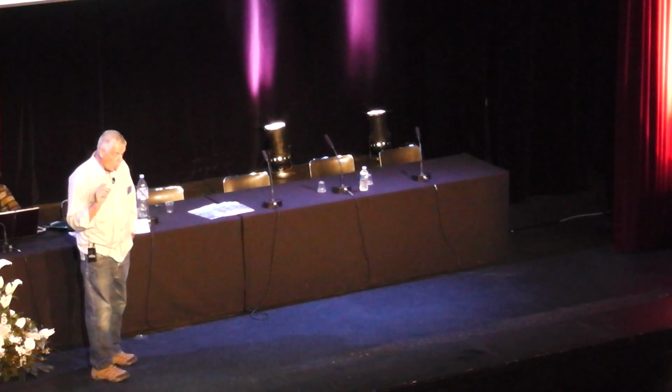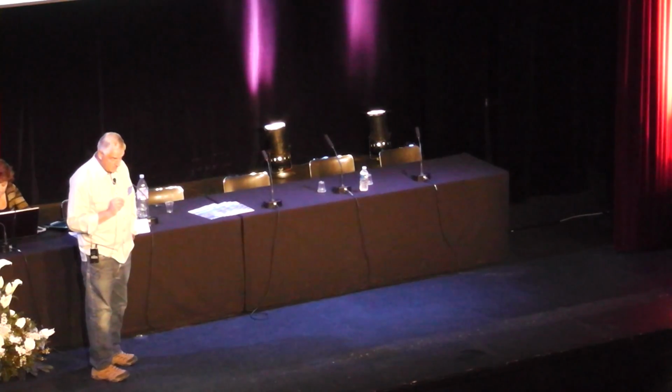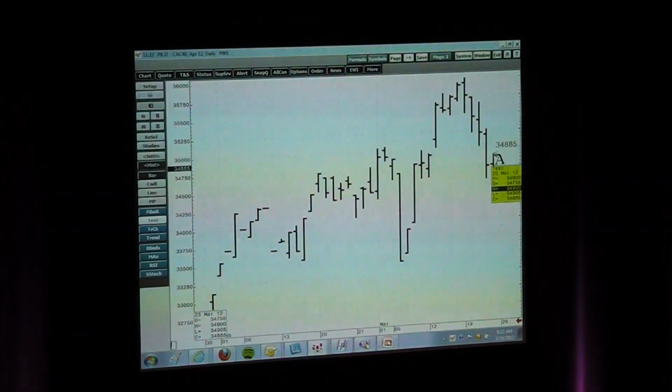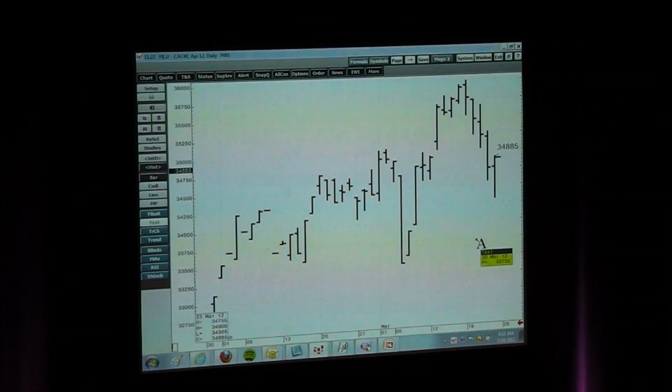Now, when I open on Monday, let's think of some of the possibilities. If I open on Monday and I start to trade higher, I have stopped one time framing lower.